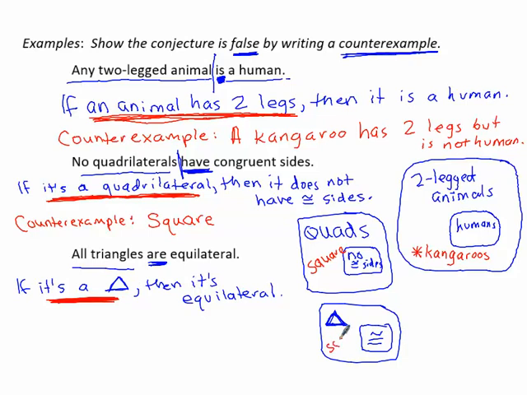We sure can. How about scalene triangles? Those do not have any congruent sides. So our counterexample, I'm going to write counter for short, is a scalene triangle. That is a triangle that is not equilateral. Thanks for watching.